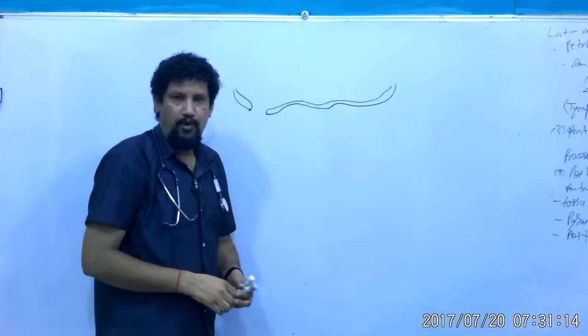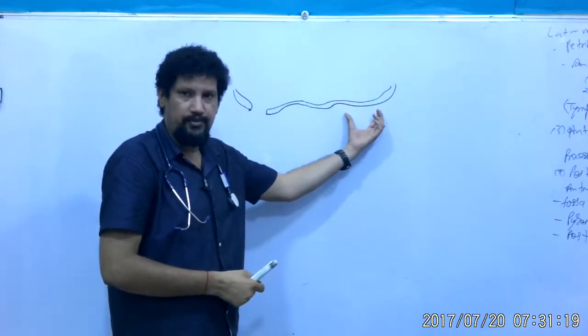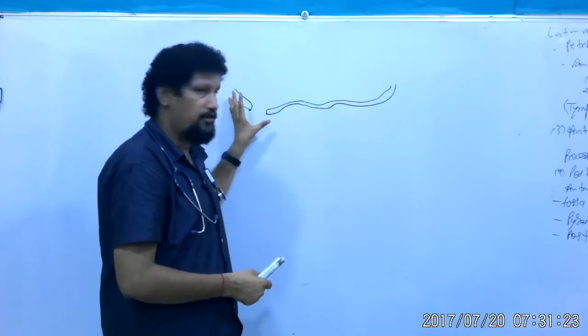This is the lateral view of the skull. This is the anterior cranial fossa, the middle cranial fossa and the posterior cranial fossa.